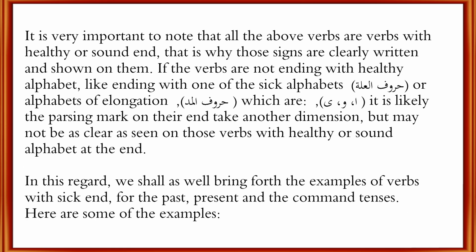It is very important to note that all the above verbs are verbs with healthy or sound end. That is why those signs are clearly written and shown on them. If the verbs are not ending with healthy alphabets, like ending with one of the sick alphabets, huruf al-illa, or alphabets of elongation, huruf al-madd, which are awaya, it is likely the parsing mark on their end takes another dimension, but may not be as clear as seen on verbs with healthy alphabets at the end.